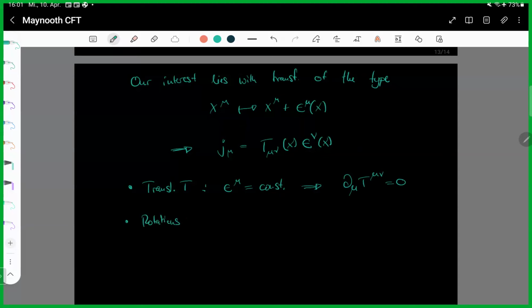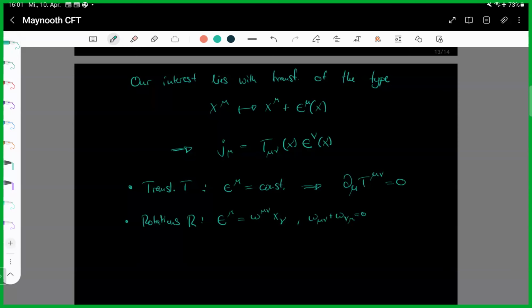Then there are rotations, in which case epsilon mu is going to be this combination where omega mu nu plus omega nu mu is 0. That means that omega is anti-symmetric in its 2 indices mu nu.